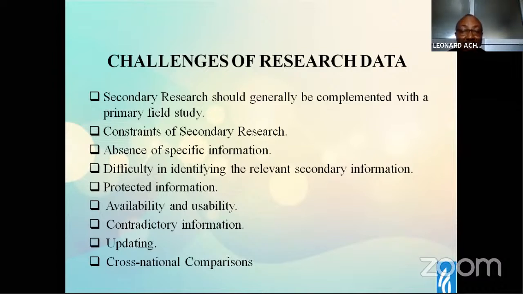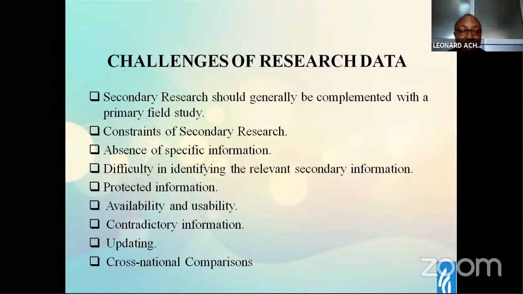You read some of this information on paper, but in actual fact, in reality, it is not obtainable, and it's a challenge. Then protected information, there is information that is protected, either in PDF or in some offices they call it classified, secret, and all of that. So it's a constraint, it's a challenge.